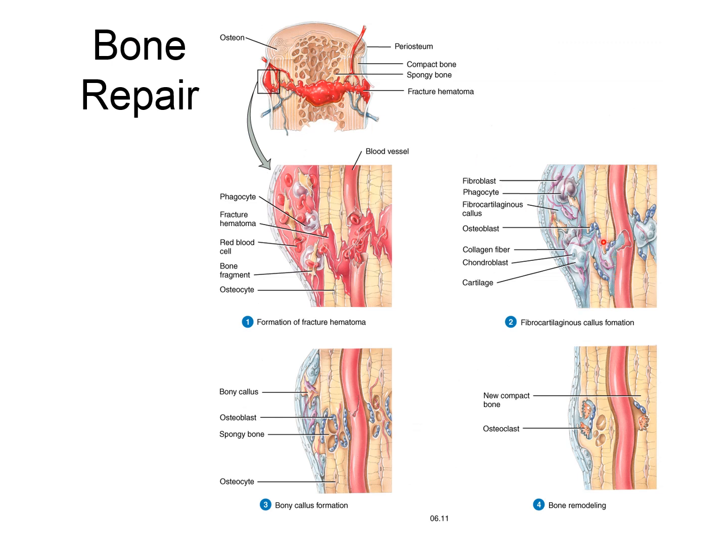Chondroblasts in the perichondrium and the periosteum and the endosteum start to lay down cartilage in the broken bone area.